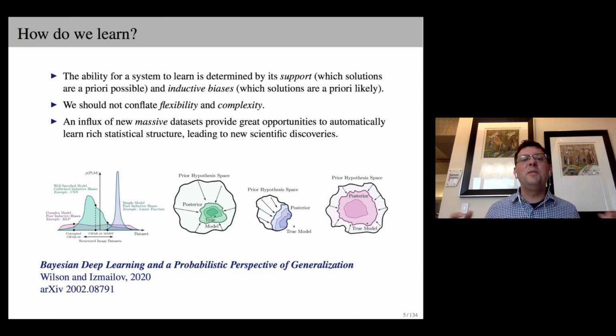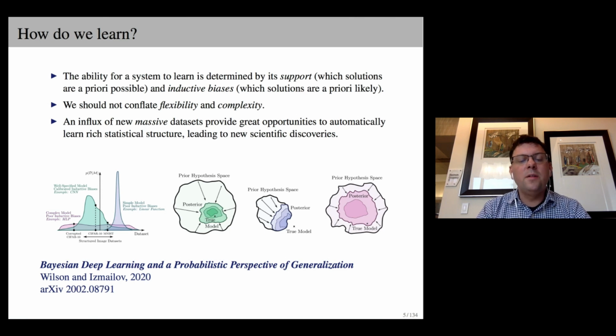At the same time, we should be careful not to conflate flexibility and complexity. In fact, in part 2, as we've mentioned, we'll be considering models with infinitely many parameters that are extraordinarily flexible and at the same time provide very good generalization, even given very small data sets. By the same token, we should not treat parameter counting as a proxy for complexity.